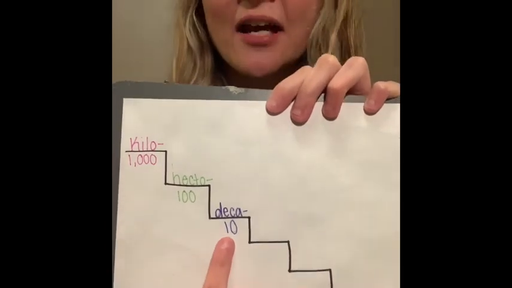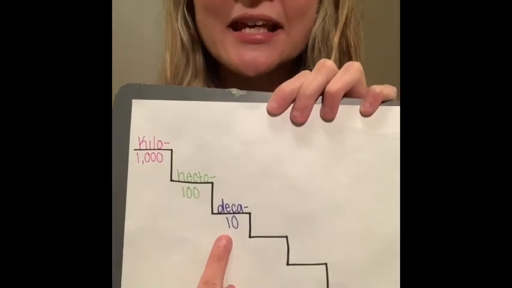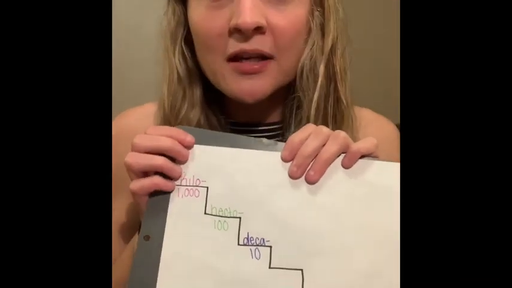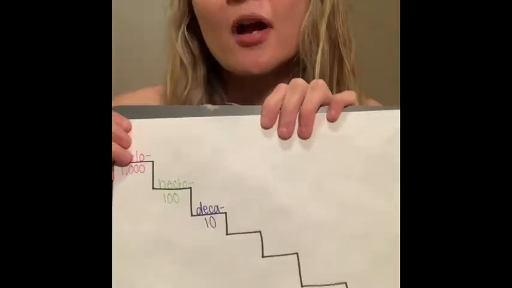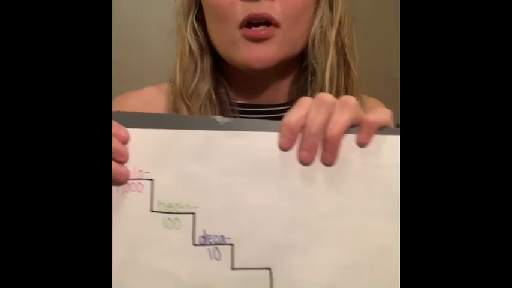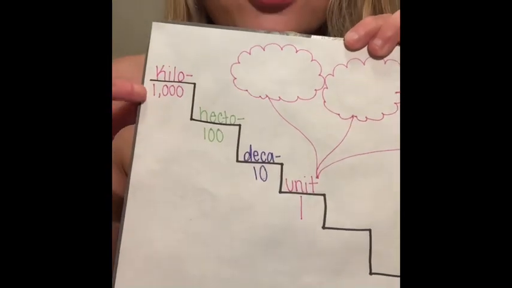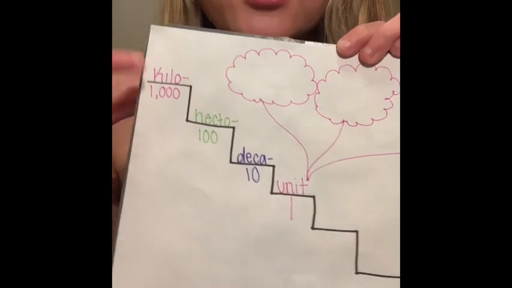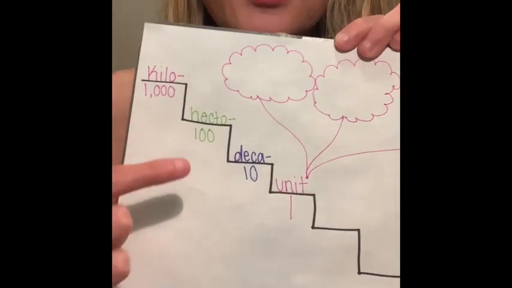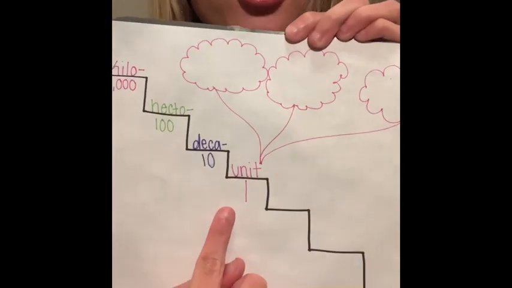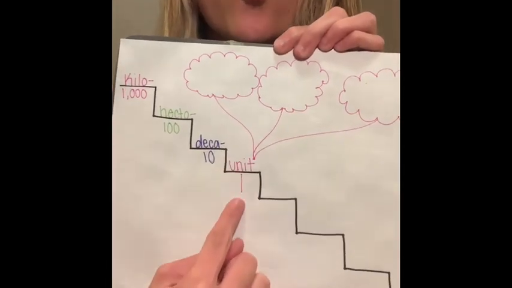So a decameter means 10 meters. Also, feel free to pause me if you need help catching up on writing things down. So on your staircase, you should have kilo means 1,000, hecto means 100, deca means 10, and our next one is our base unit, which just means 1.